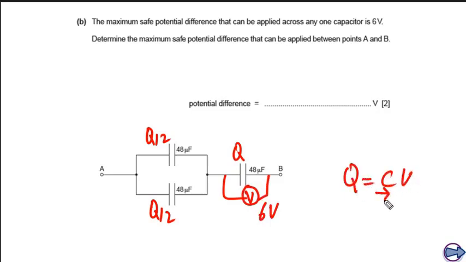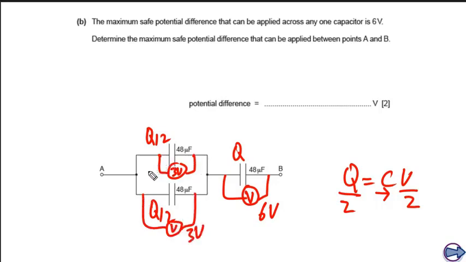As all these capacitors are identical, if Q becomes half, the voltage also becomes half. It means the potential difference across this capacitor will be 3 volts, and the potential difference across this one also will be 3 volts.